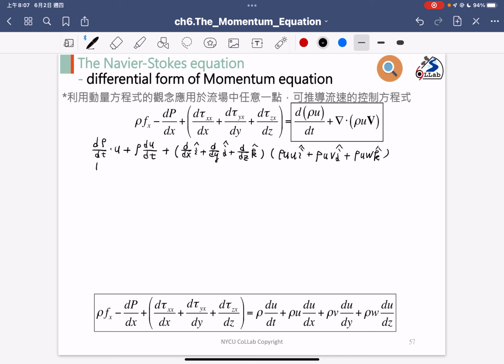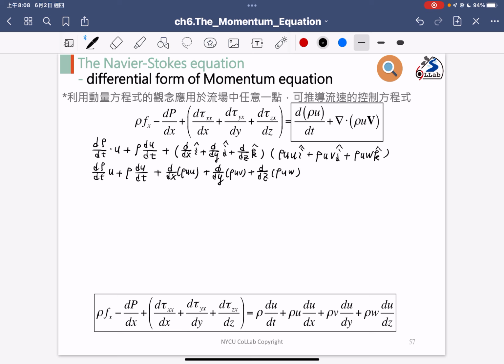Okay, so it's equal to dρ/dt u plus ρ du/dt, and here we only have the items i, j, and k, so it's equal to d/dx, and inside is ρu from the i direction, and d/dy, and inside we have ρuv, plus d/dz, and inside we have ρuw, right?